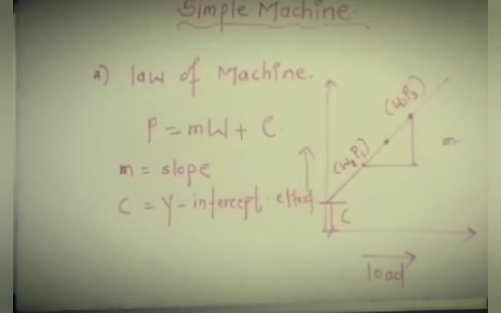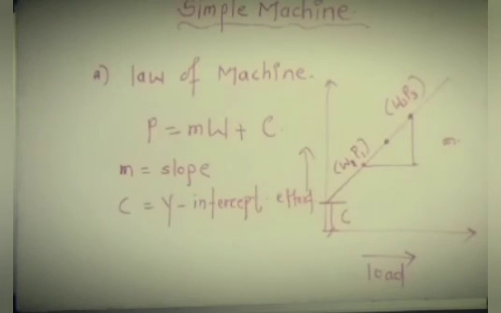From the equation of the law of machine we can calculate how much effort is applied for lifting a certain load, or how much load can be lifted by applying a certain effort. If effort is known, we can calculate load.